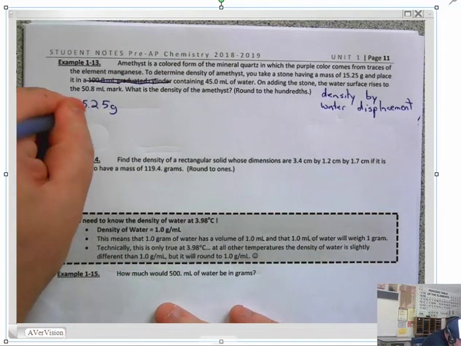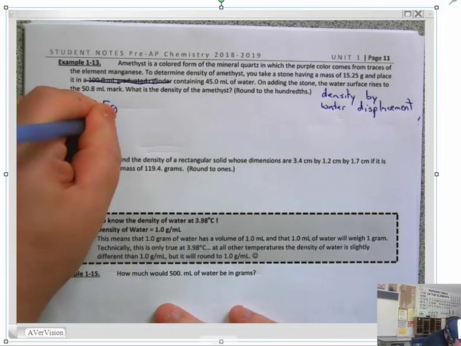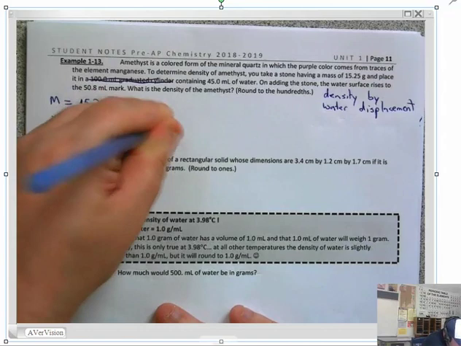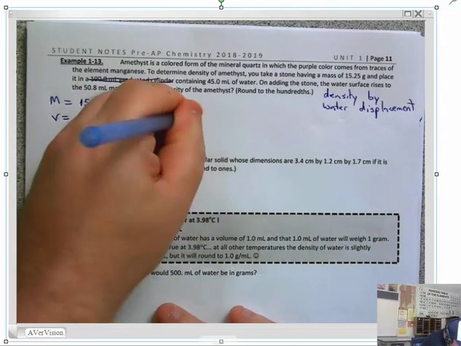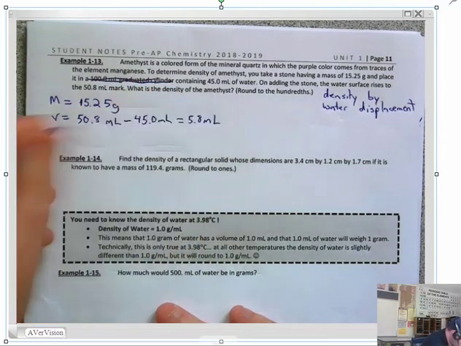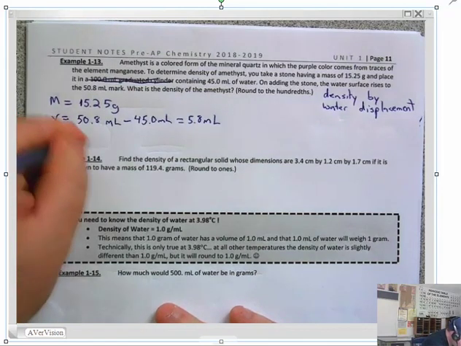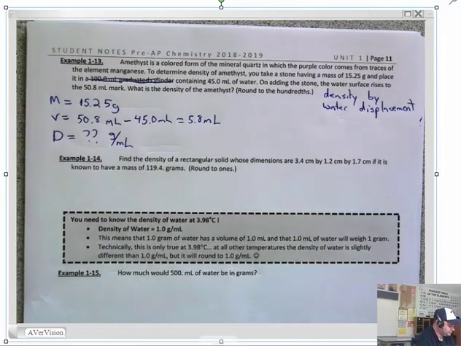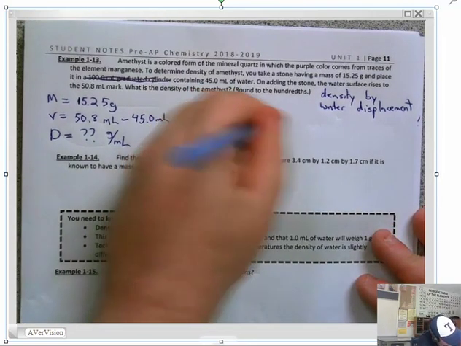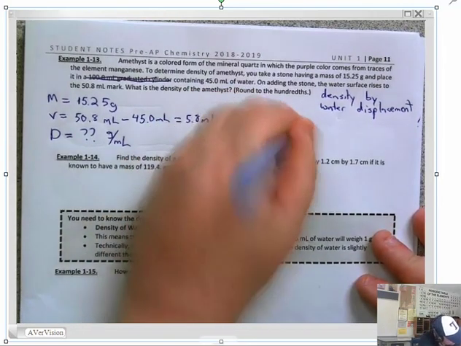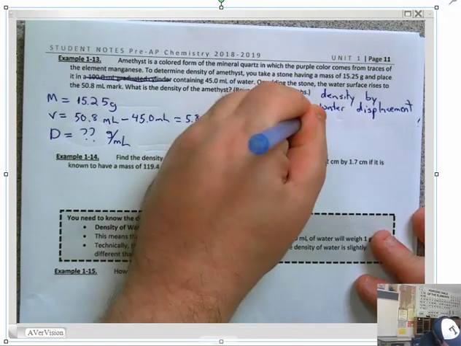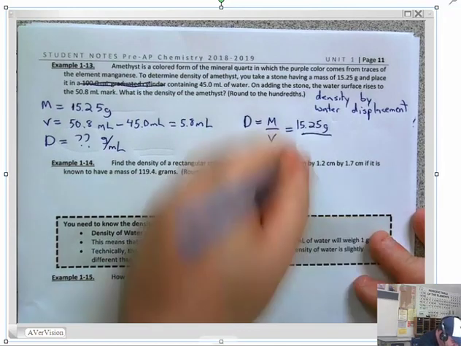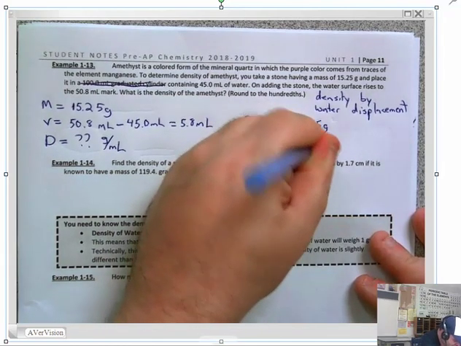So the volume here is going to be 50.8 milliliters minus 45.0 milliliters, which should be 5.8 milliliters. What is the density of the amethyst? That should come out in grams per milliliter. Density is equal to mass over volume, 15.25 grams divided by 5.8 milliliters.